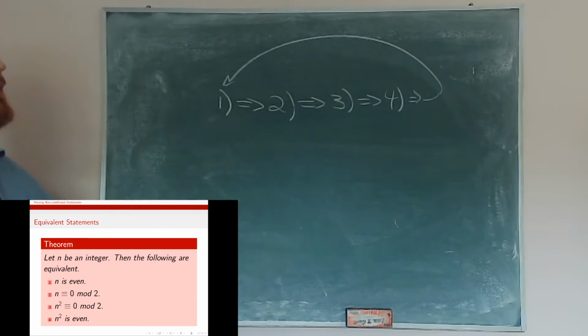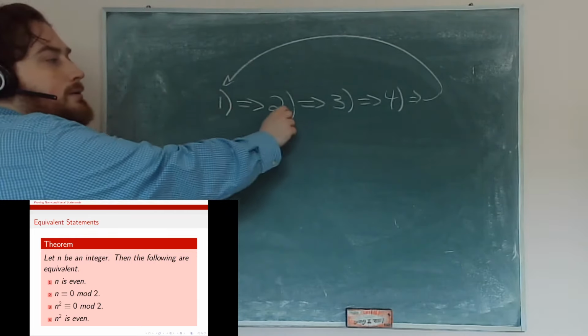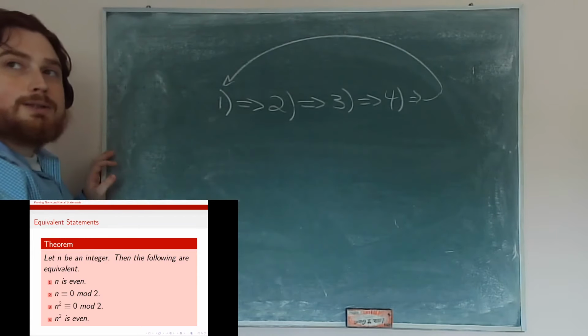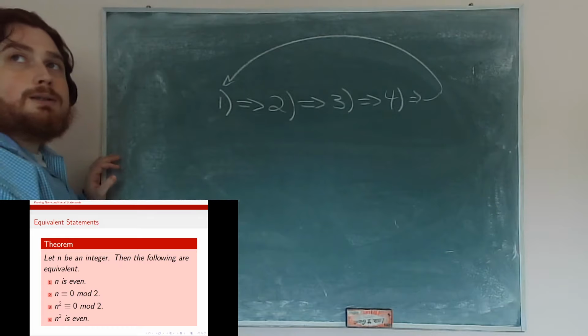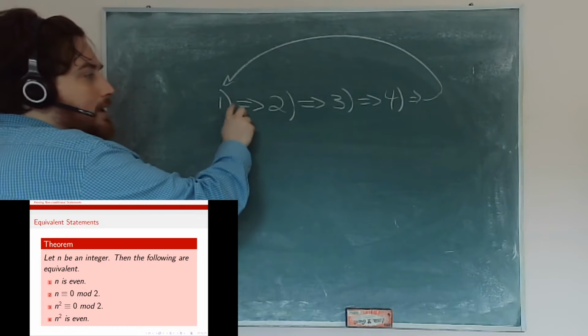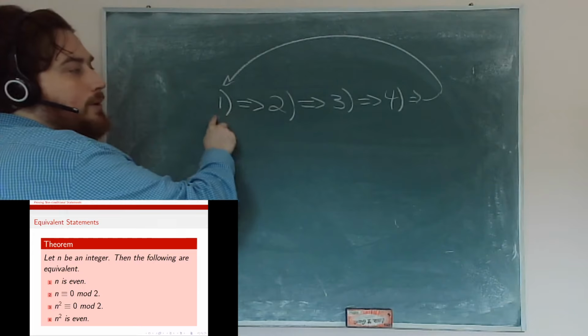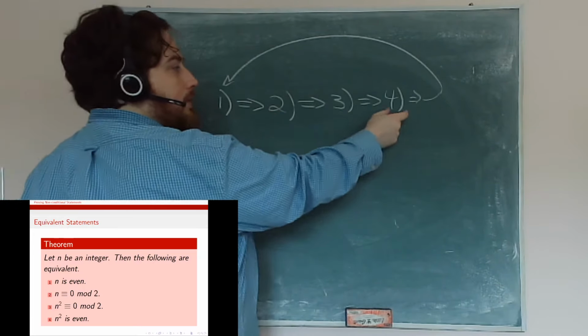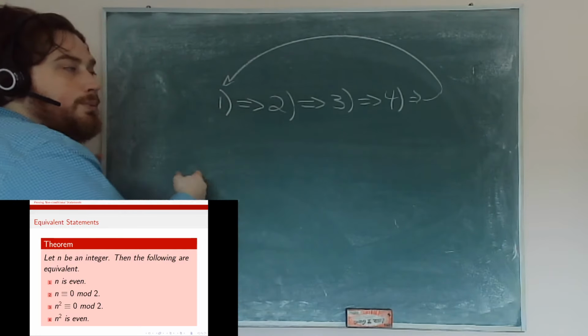Now if I do that, notice that I have 4 proofs to do instead of 12, so I've saved myself some time. But by showing this, I also have shown that 2 implies 1, because 2 implies 3 implies 4 implies 1.